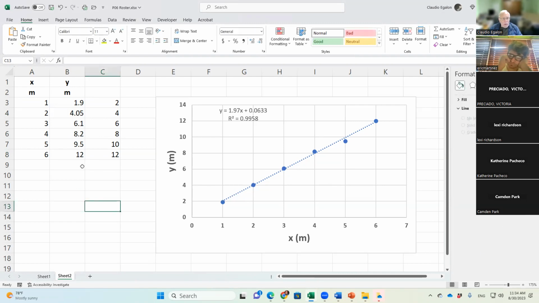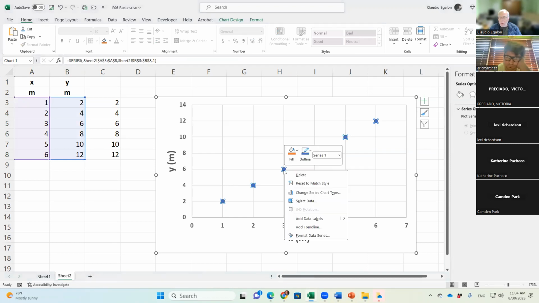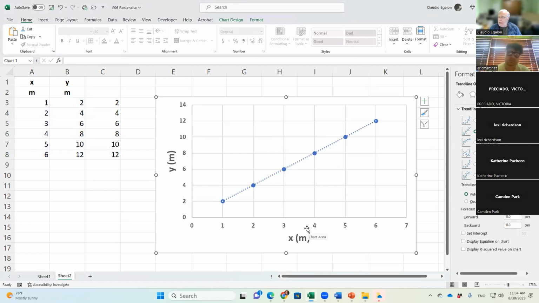Here you go. I'm going to erase it. By the way, the step-by-step is in the syllabus. Here you go. You click the data point, right-click it, and you add the trend line.